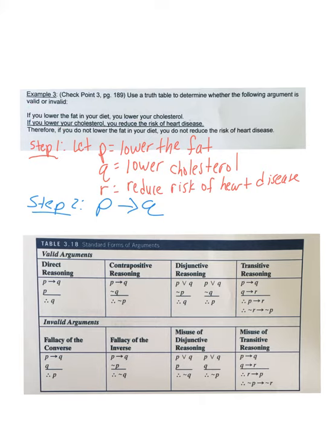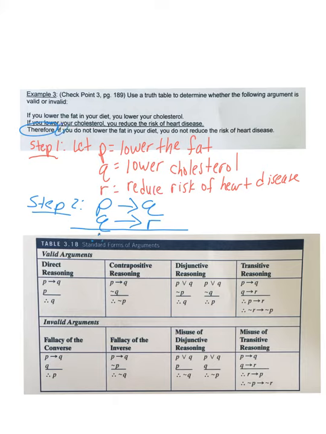The second sentence, if you lower your cholesterol, again, we just see the word if, which means if-then. So if you lower your cholesterol was Q, so if Q, then you reduce the risk of heart disease, which is R. So if Q, then R. Before the third sentence, we always draw that big old bar. Therefore, which is the 3 dots in the triangle shape.